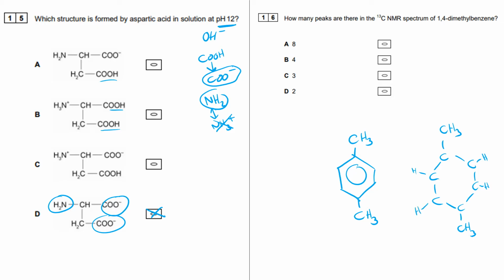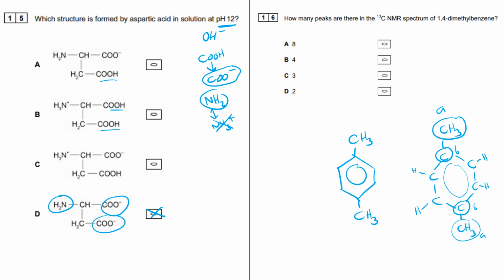Remember, in benzene each of the carbons forms 3 bonds as opposed to 4 because of the ring of delocalized electrons. This molecule is symmetrical, so the two CH3 groups are in the same environment. That's environment A. The two carbons attached to the methyl groups, because it's symmetrical, are equivalent, in the same carbon environment, so that's our second environment.